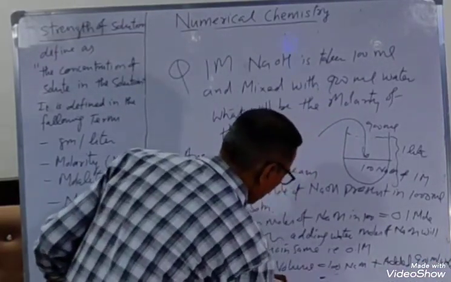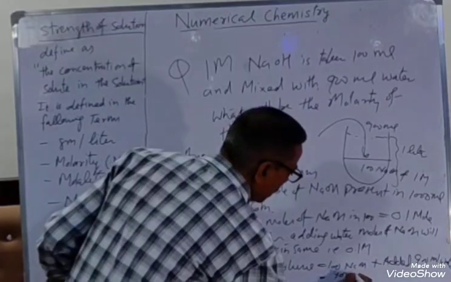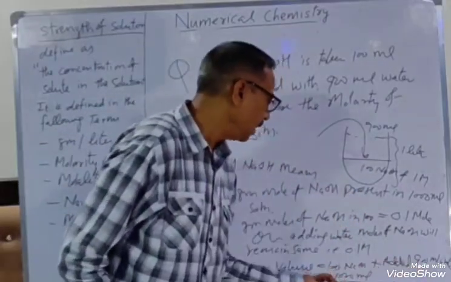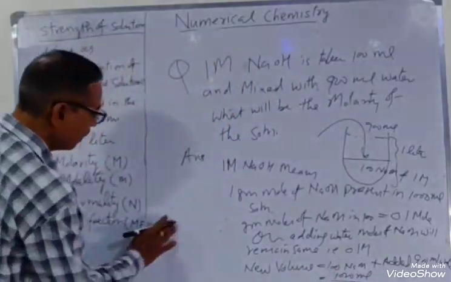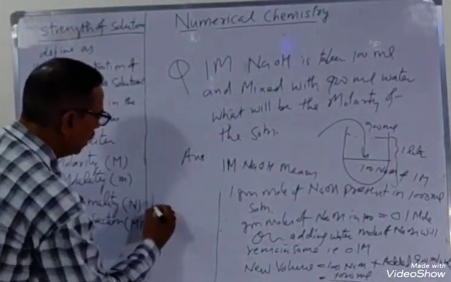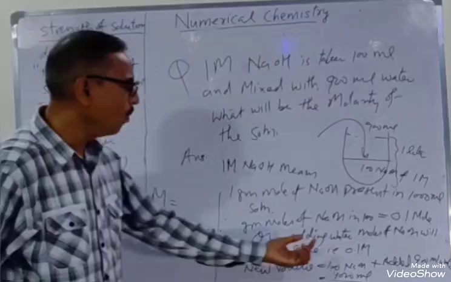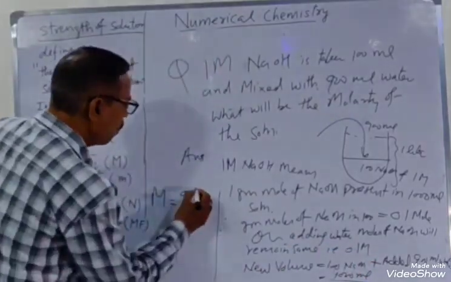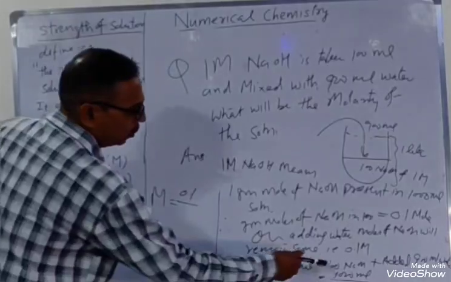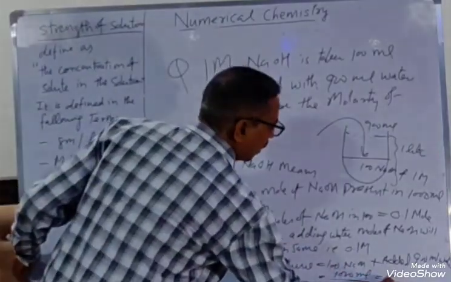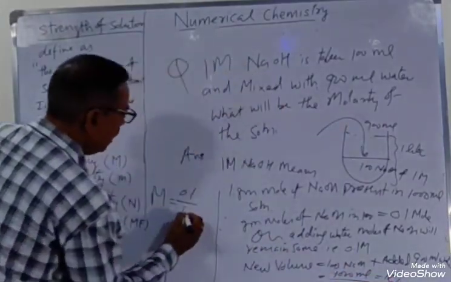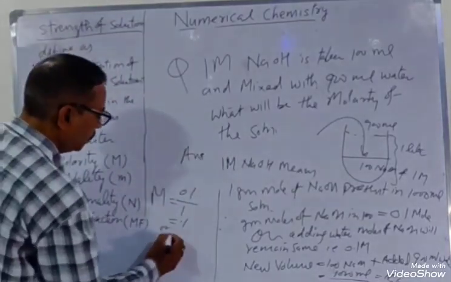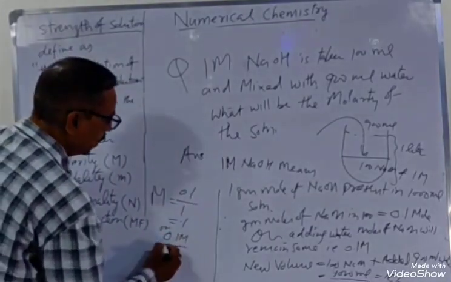Total volume 1000 ml. 900 plus 100, and therefore molarity of the solution, number of moles of NaOH will remain the same. So 0.1 divided by 1000 ml, means 1 liter, divided by 1. So it will be 0.1, or 0.1 M solution.